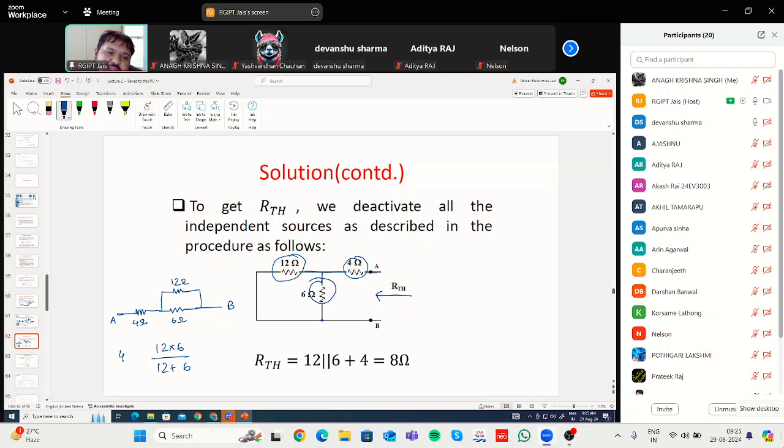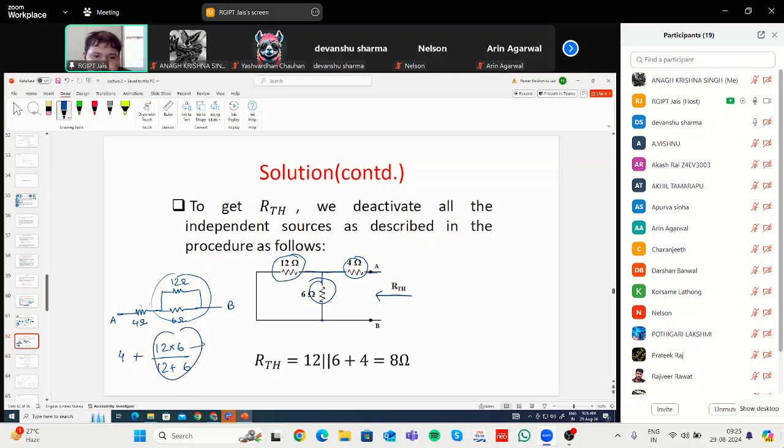And this will be added with this, which is in series. You find the equivalent resistance, then you add up with the 4 ohm resistance. Again, these are equivalent resistances that you are finding. So this will result into 2. So 4 plus 2 results into 6.